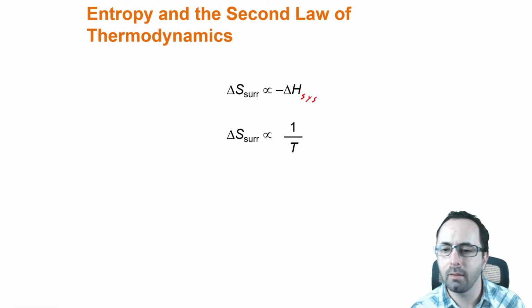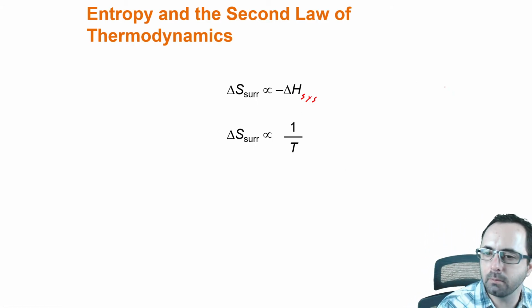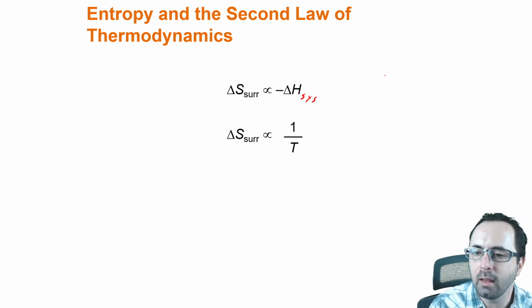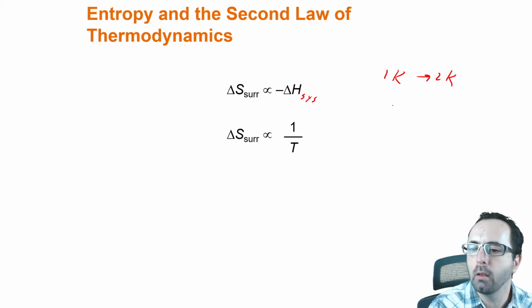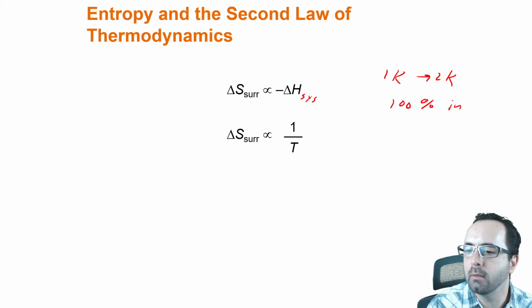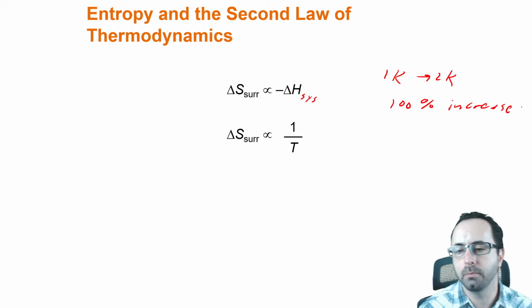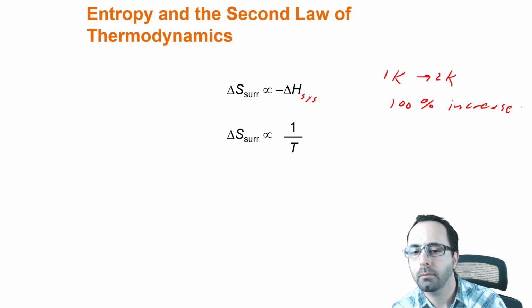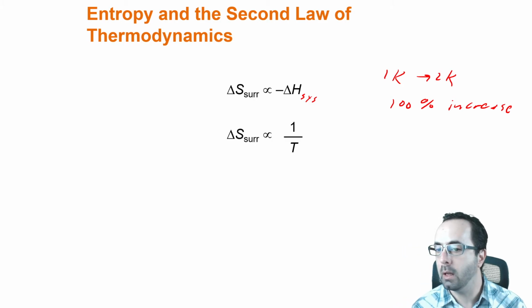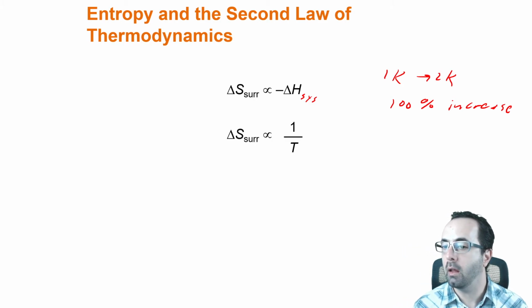Well, let's say your temperature increase is from 1 Kelvin up to 2 Kelvin. So this is a 100% increase in temperature.